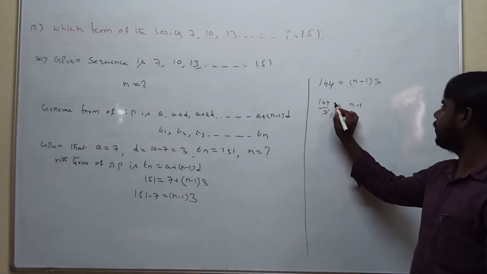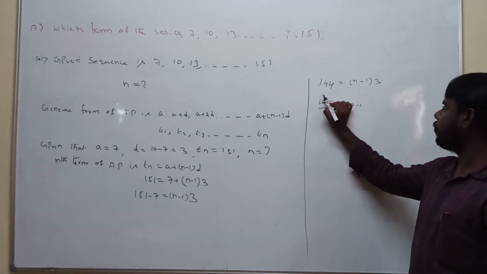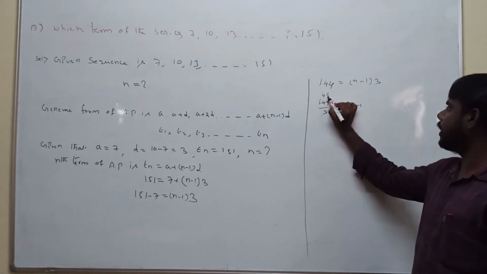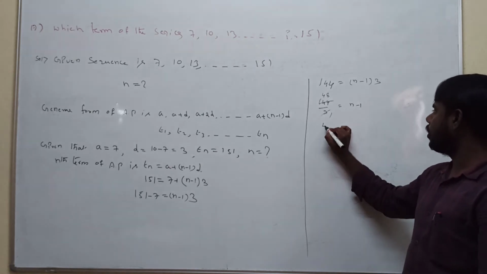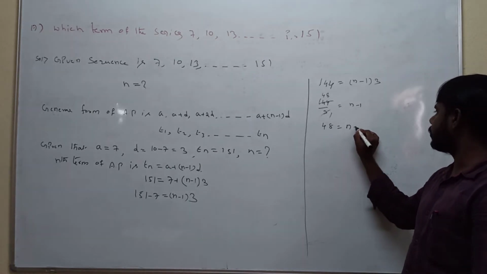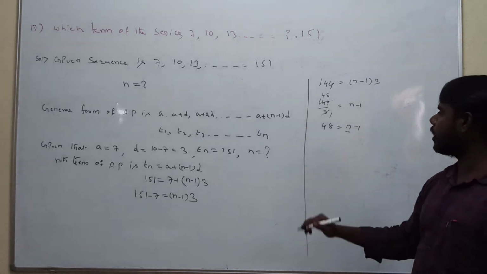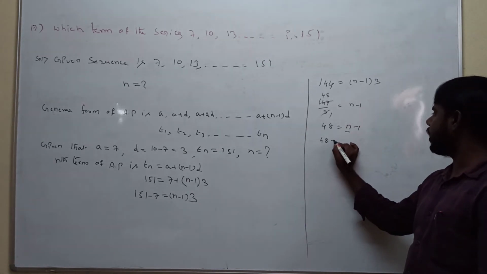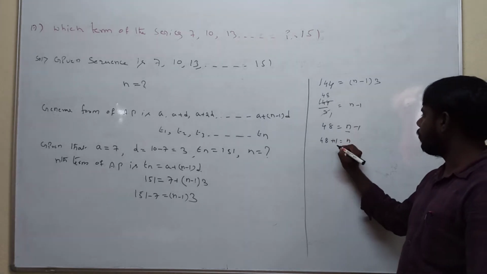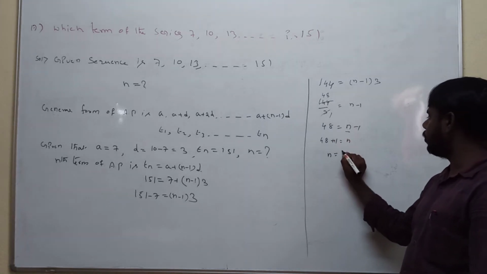Cancellation: 3 ones are 3, 3 fours are 12, remaining 2 is 24, 3 eights are 24. So 48 is equal to n minus 1. We have to calculate n, so taking the 1 to the left hand side, 48 plus 1 is equal to n. 48 plus 1 value is 49. So n is equal to 49.